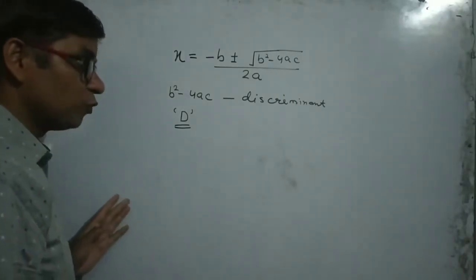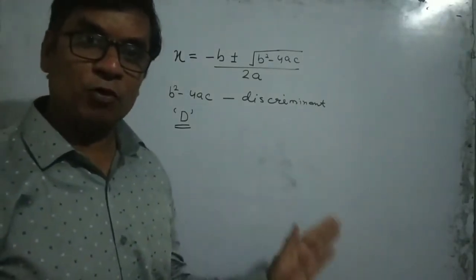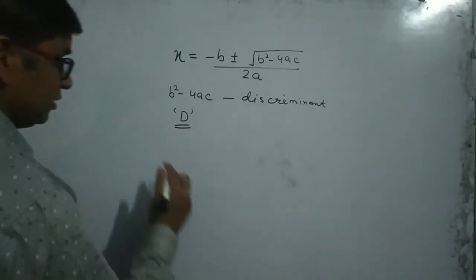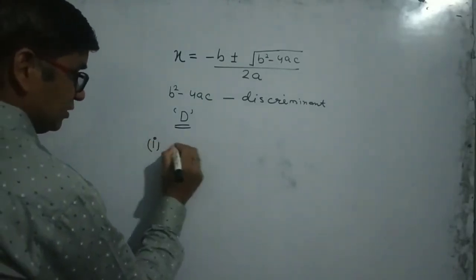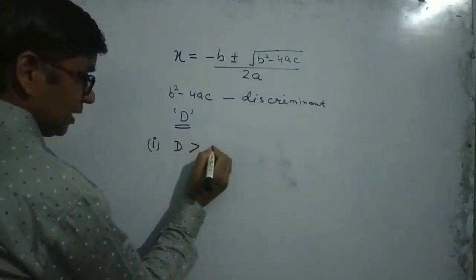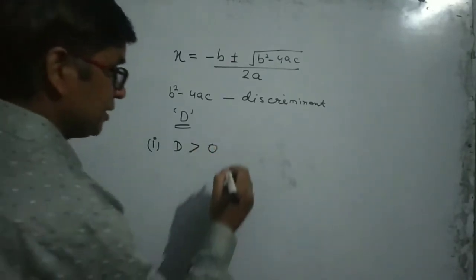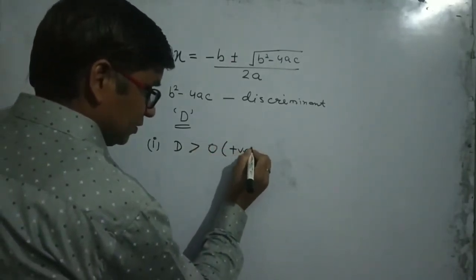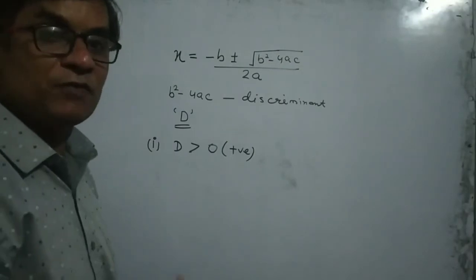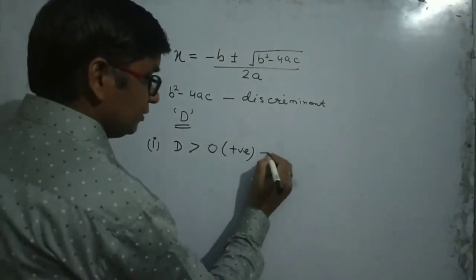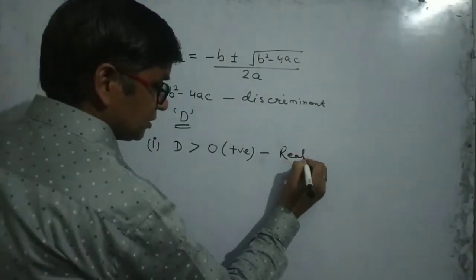The nature of roots depends upon three conditions. The first condition is if the discriminant is greater than 0, meaning we obtain a positive value, then the roots are real and distinct.